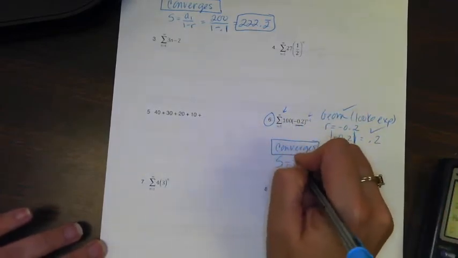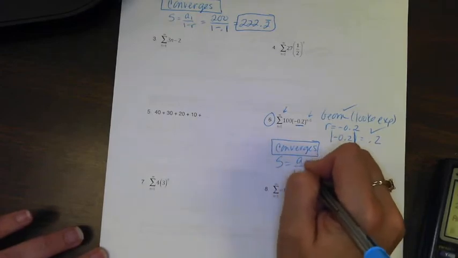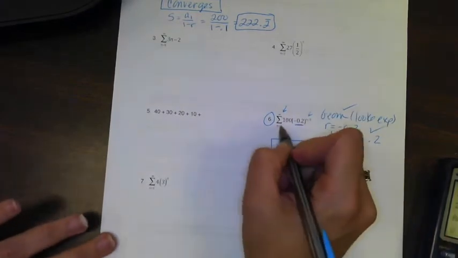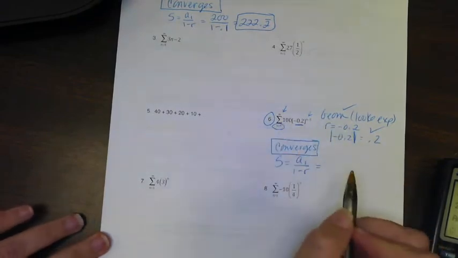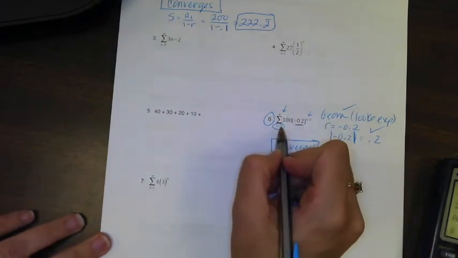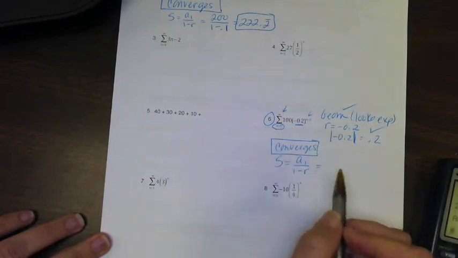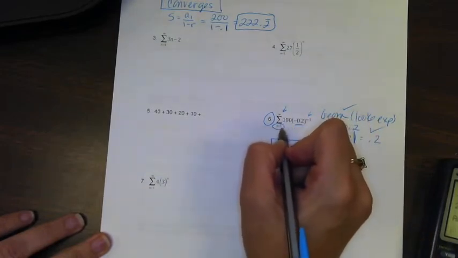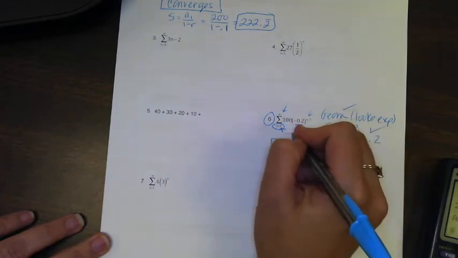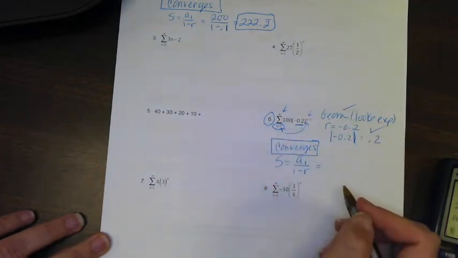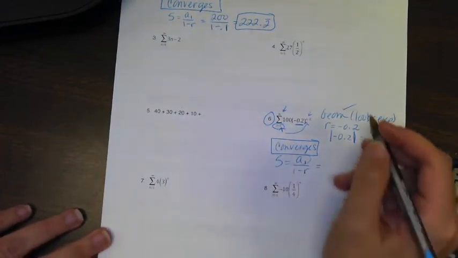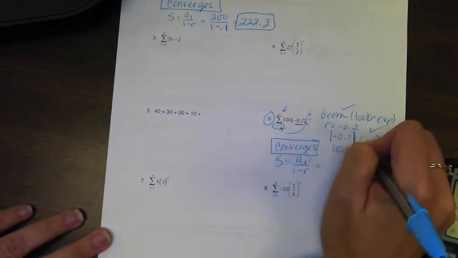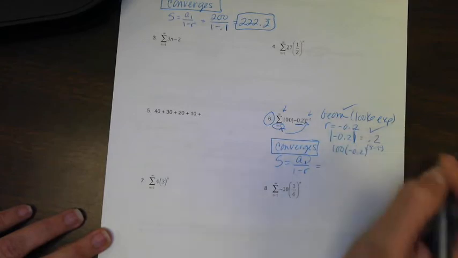And the formula is to do the first term over 1 minus r. Now the trick is, what's the first term? Remember when we learned about sigma, that number is the position of the first term. I know it's not when n is 1, but this is where we start our sum. So the first thing we need to do is plug in 5, okay, to get this number up here. So 100 times negative 0.2 to the 5 minus 5.